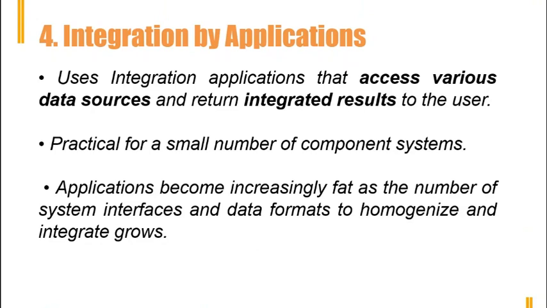Integration by applications. So you move from the operating system or middleware level into the application level, where we can use integrative applications that absorb and import different sources of data. For example, SaaS is an application level.